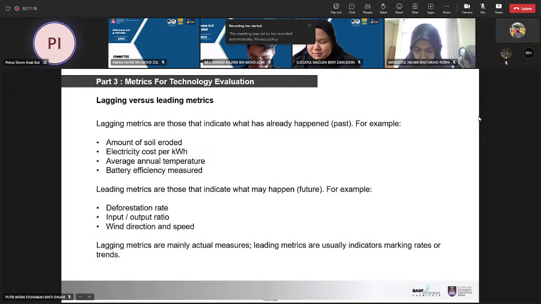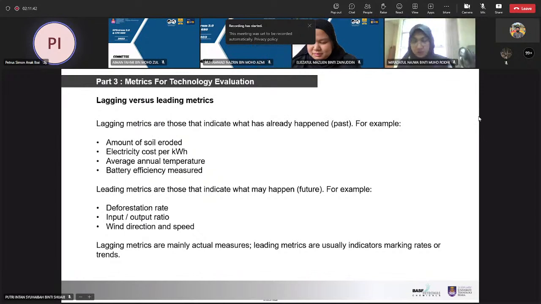Now we go to lagging versus leading metrics. Lagging metrics are those that indicate what has already happened, like how much soil has already eroded, and how much the cost of electricity is. Leading metrics are those that indicate what will happen in the future, like at the current rate, what will the deforestation rate be in the future?